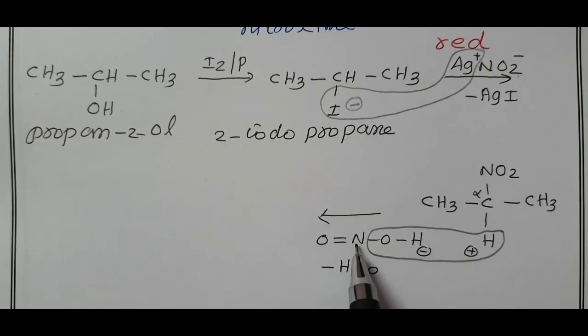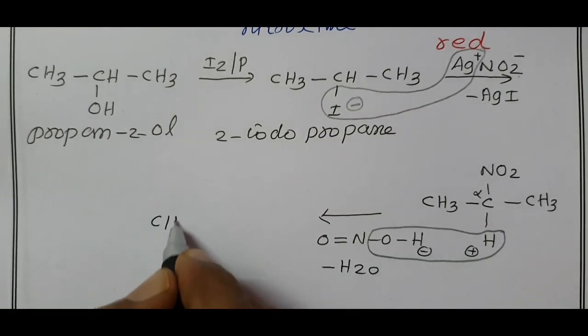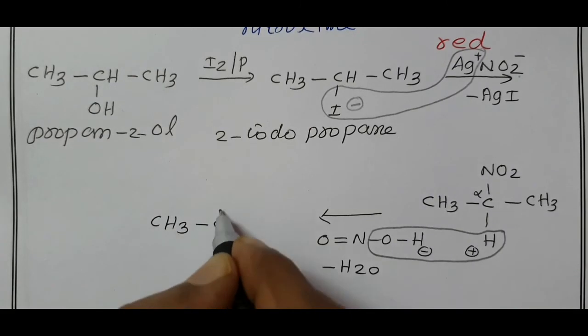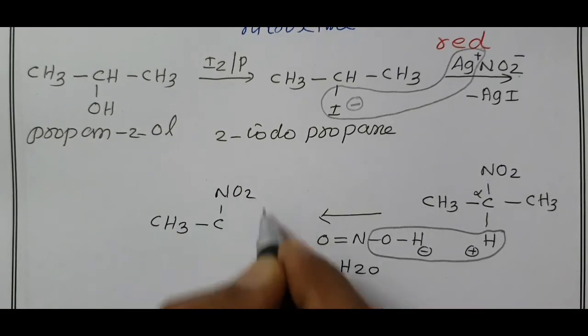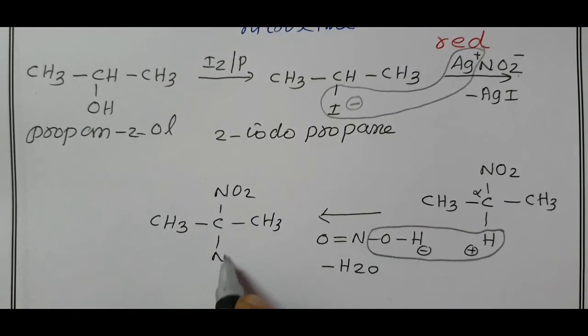Now nitrogen is added to this bond. Our product is CH3, C, here you have NO2, here CH3. Now N double bond O is added to the alpha carbon atom. Here there is no acidic hydrogen.